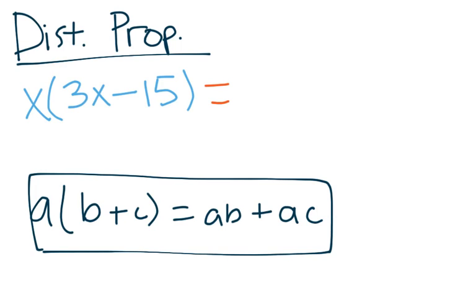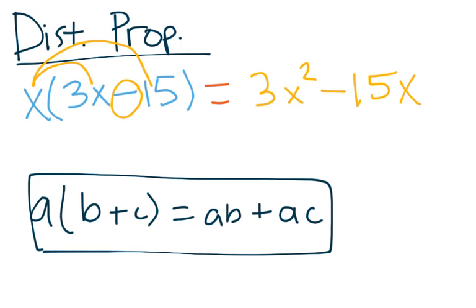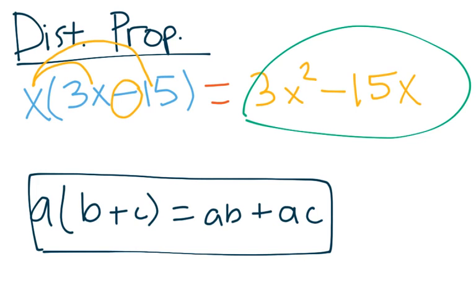I need to distribute the x to the 3x and distribute the x to the negative 15. Notice that there's the negative sign there. So this is going to be x times 3x, that is 3x squared. And x times negative 15 is negative 15x. And right there, we've got our simplified distributed expression.